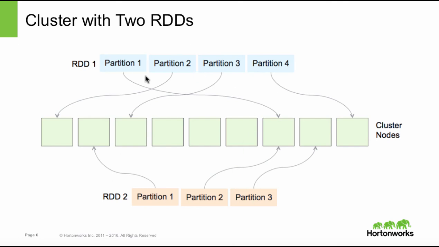And just as a side note, when we read information into an RDD with Spark from a data set that exists on HDFS, the default behavior is that we'll have the same number of partitions for the RDD as the number of blocks that made up that file in HDFS. We'll talk about a little later how you can change that partitioning, make it smaller or larger as appropriate. But just want to make that point.